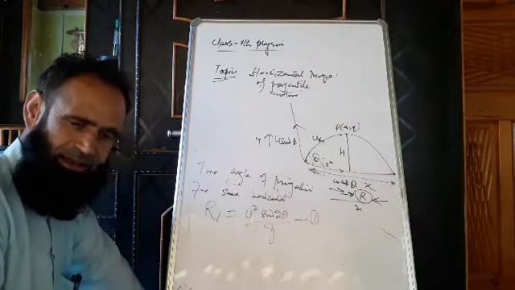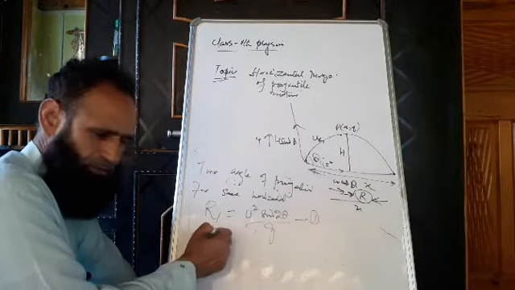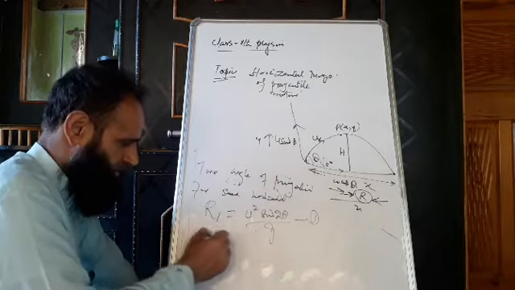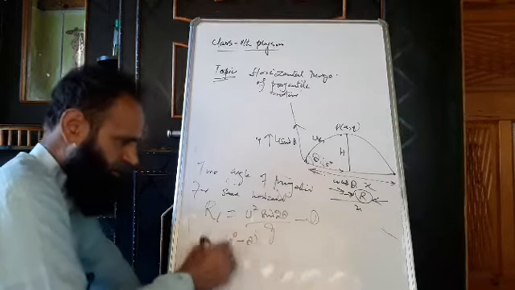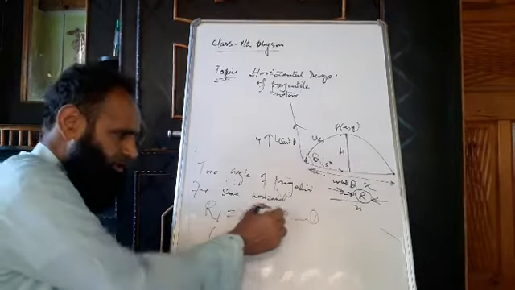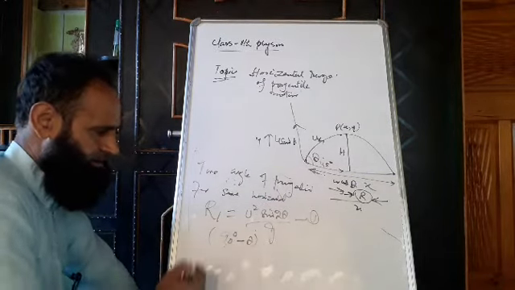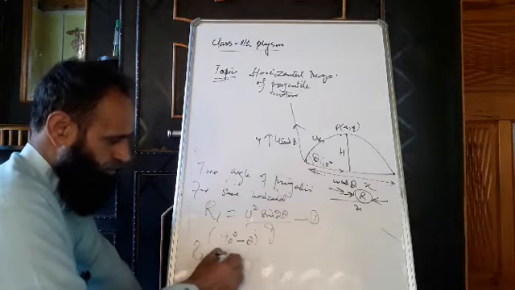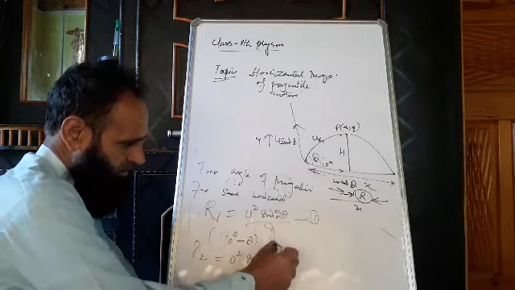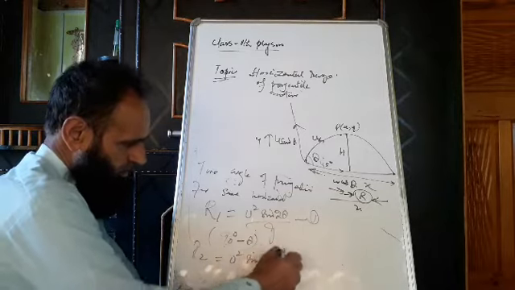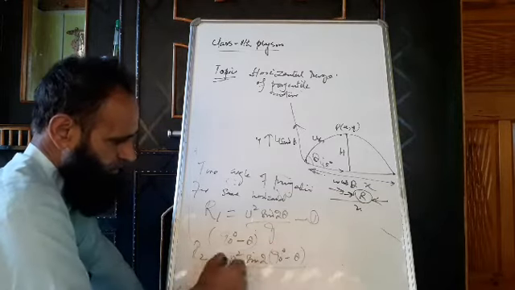For the second, let the angle of projection be 90 degree minus theta. Instead of theta, we write 90 degree minus theta. Then R2 would be u square sine of 2 into 90 degree minus theta divided by g.